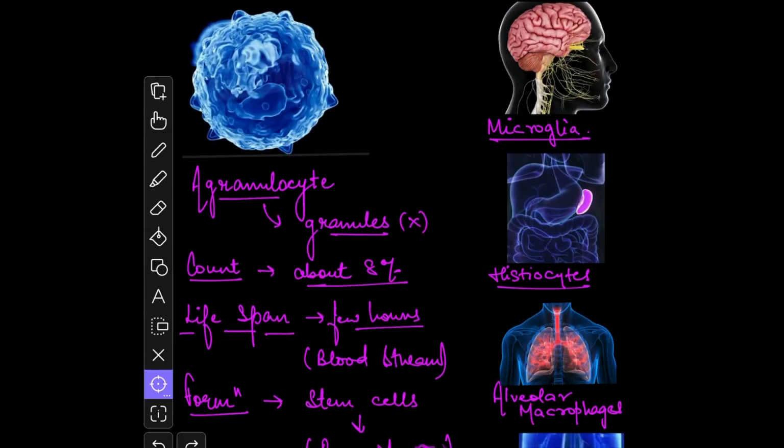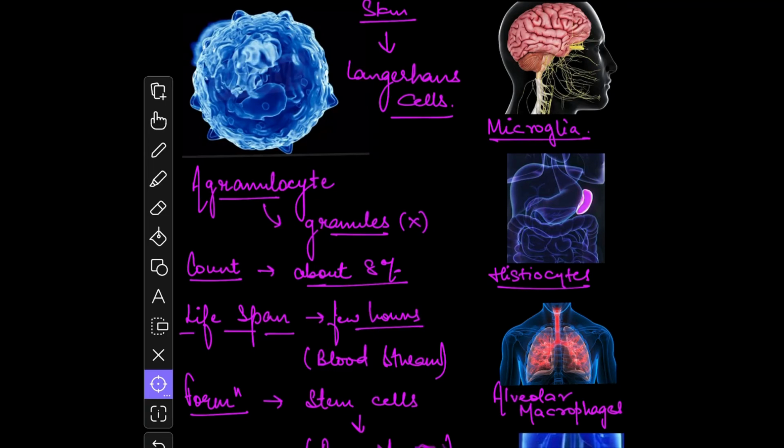And if these monocytes enter into the skin, then they are called Langerhans cells. Just remember that when this type of WBC is found inside the bloodstream, it is called monocyte, and once they enter different tissues, then they are called macrophages.